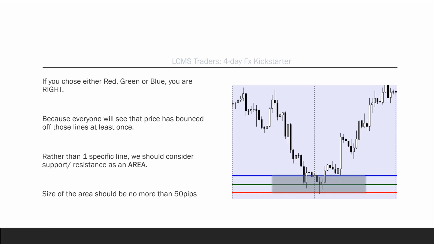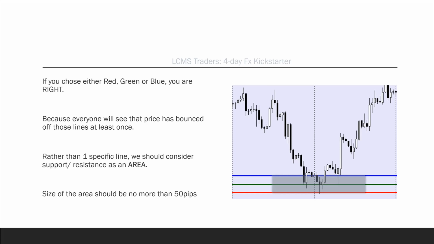If you chose either the red, green, or blue, you're right. Remember, I said that there are no exact prices when it comes to support resistance lines. If we had everyone draw in a line where they think was a support level, we would have so many lines that they would form that whole gray area, all in between the blue and the red lines.